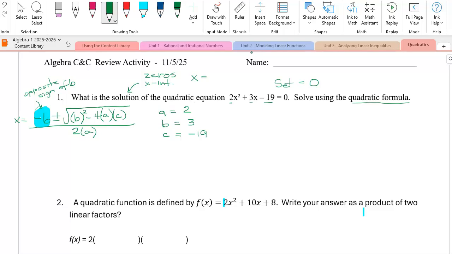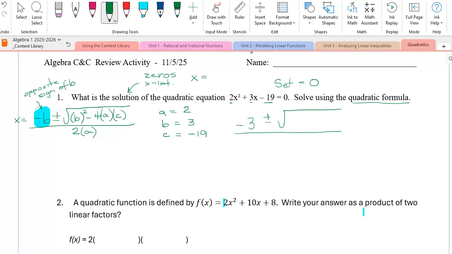So now we're going to take all these numbers for A, B, and C and plug them into the quadratic formula. If you notice, it is something plus minus a square root, all over something on the bottom. So let's start with opposite B. In front of the plus minus, we need to take the opposite sign of B. So if B is 3, negative 3 goes in front.